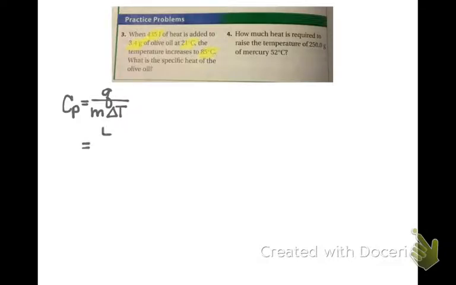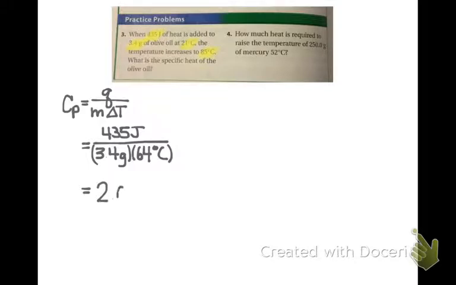And so I have 435 joules in the numerator, and my mass is 3.4 grams, and I'm having a temperature change of 64 degrees C, and so my final answer ends up being 2.00 joules per gram degrees C, like that.